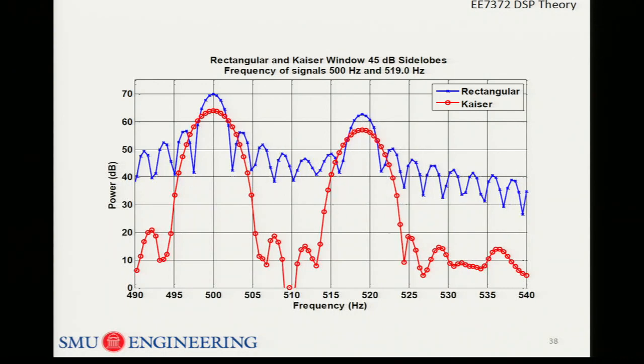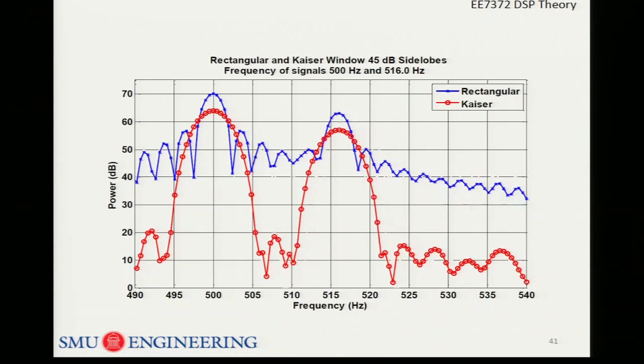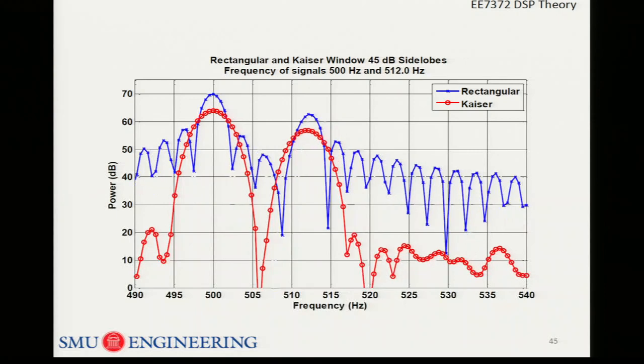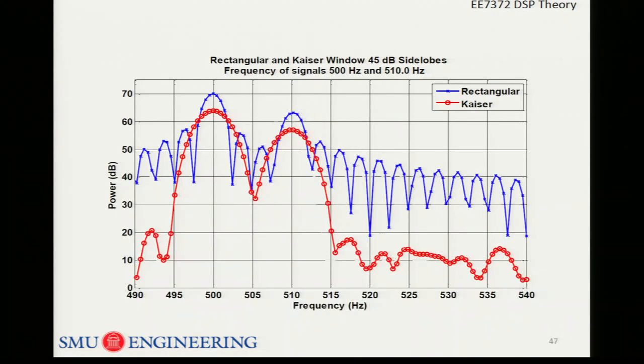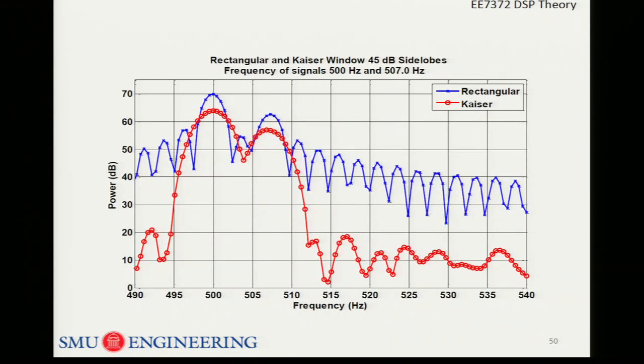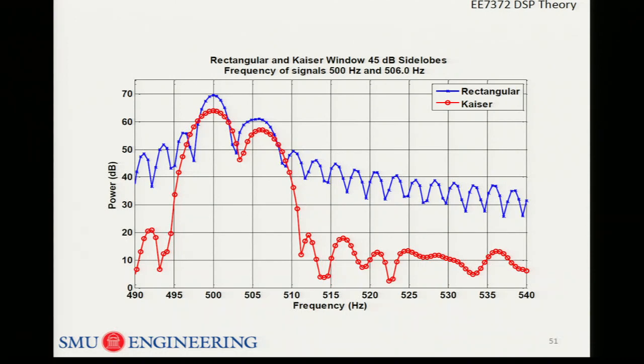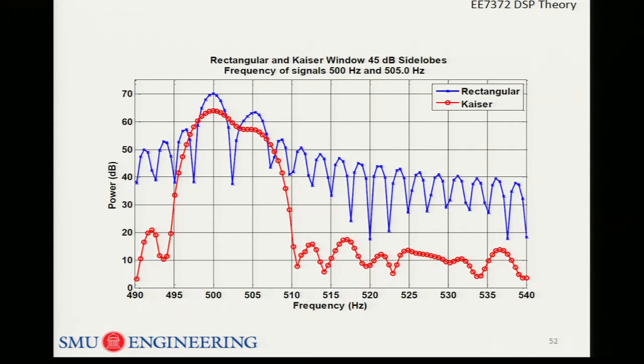So as I walk these signals closer and closer together, you have to ask yourself, what sort of algorithm would you have to design to tell that there were 2 signals there or 1 signal? With the Kaiser window, it's hard to tell at that point whether there's 2 or 1.